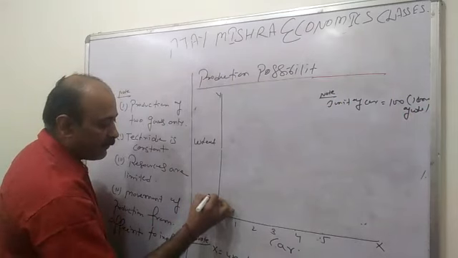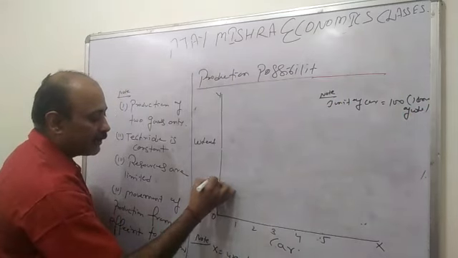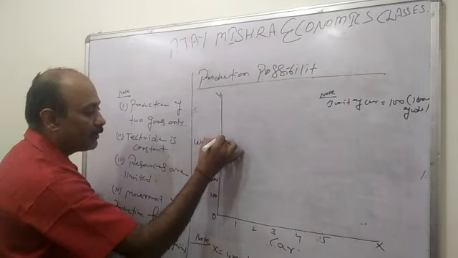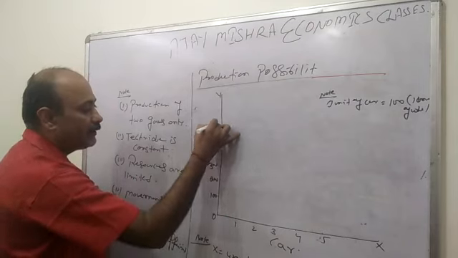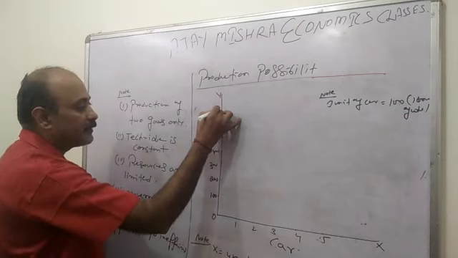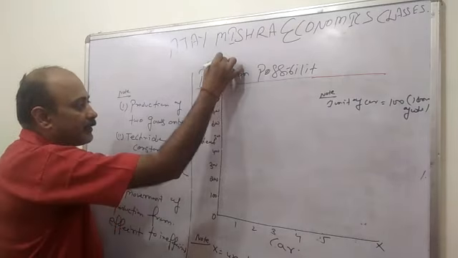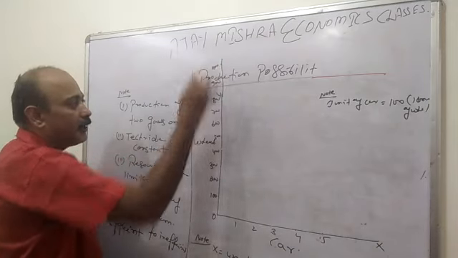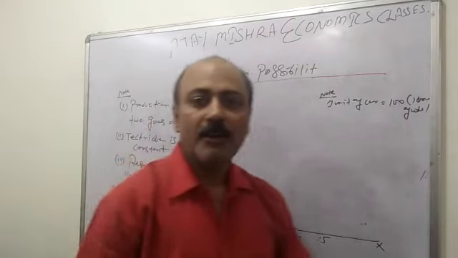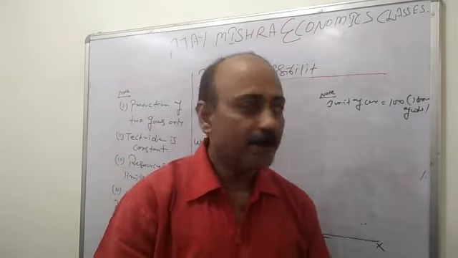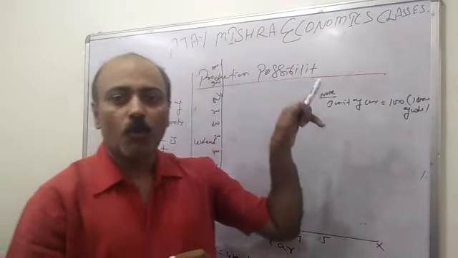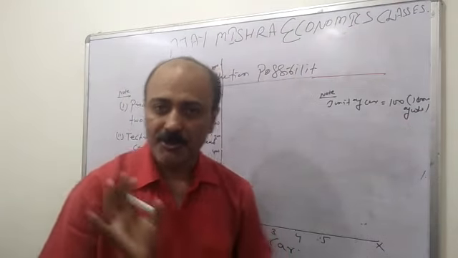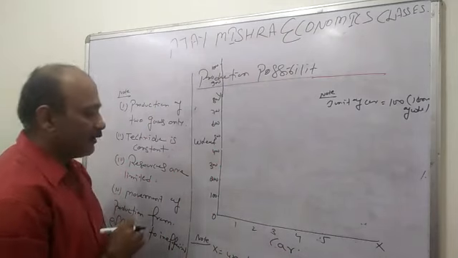So if you are taking 100, then you take 200, 300, 400, 500, 600, 700, 800, 900 and 1000 on this particular axis. Why have we taken this? Because we have already written the note, 1 unit of car is equal to 100 units of wheat. Is it fine? Now further.